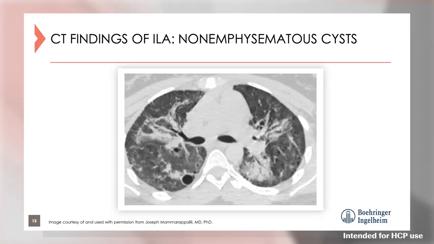There's some reticulation as well, but isolated here in the right lower lobe, we see this cystic structure. Occasionally, patients with fibrotic lung disease, often those with LIP or potentially NSIP, will develop these cysts. So if I see non-emphysematous cysts, that could certainly suggest this person may have interstitial lung abnormality as well.